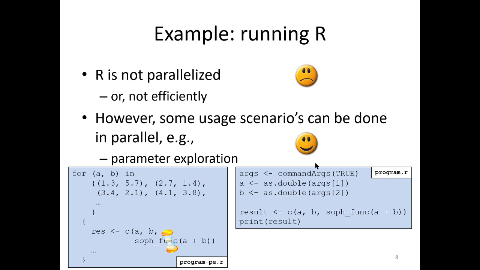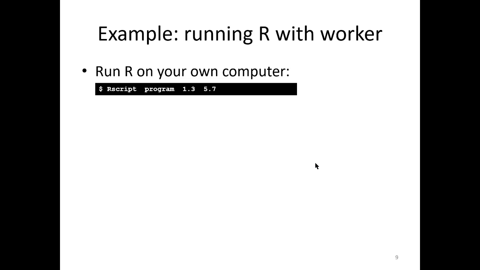It's easy to read those in R. You just use commandArgs, and the first argument in that vector will be a. It's converted to a double precision number because args will contain strings, and the same for b. And then we do our computation. So the for loop has been taken out of the script, and the values of a and b are passed into the script through the command line.